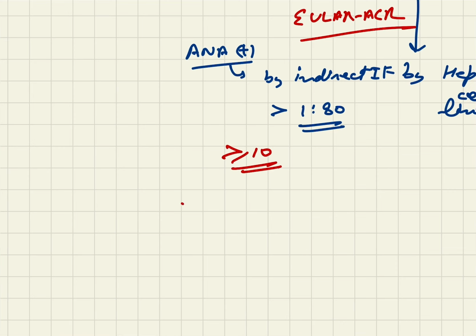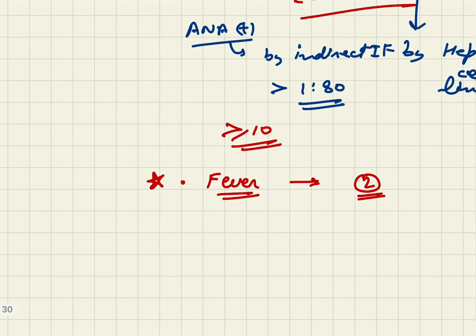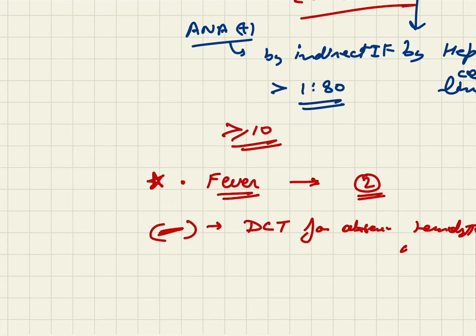In this, one change is fever. Fever has been introduced this time and has been given a weightage of 2 points. Along with that, one main deletion is that the direct Coombs test for hemolytic anemia has been eliminated from the diagnostic criteria.